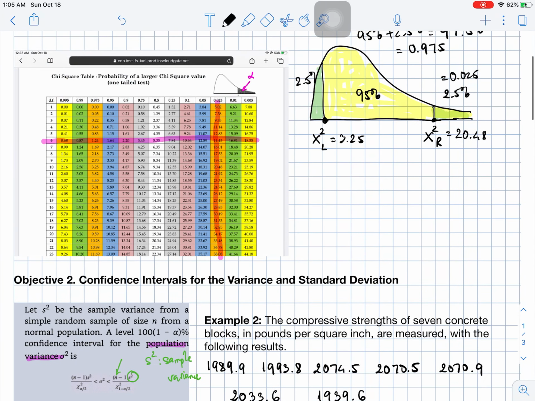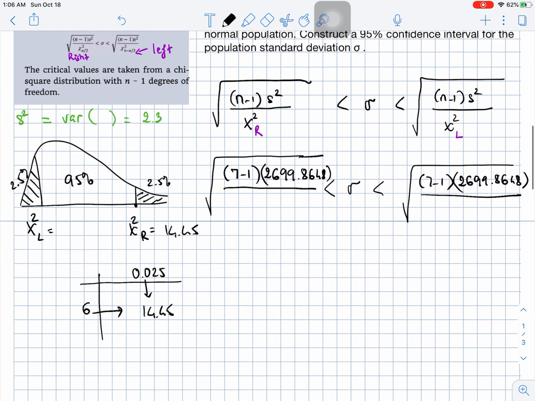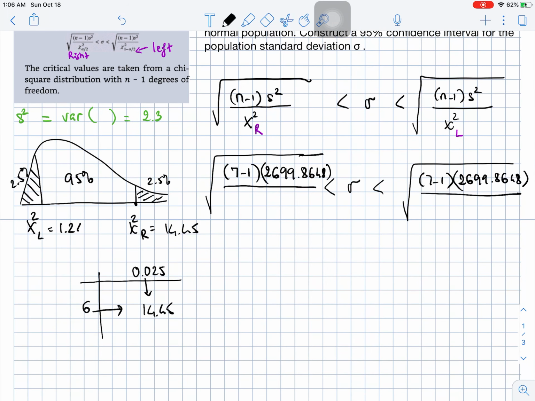We map them together, we get 14.45. For the chi-square left, it's going to be 0.975, and that is the orange color also.